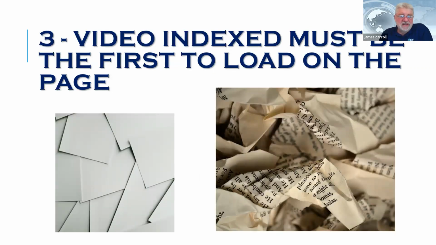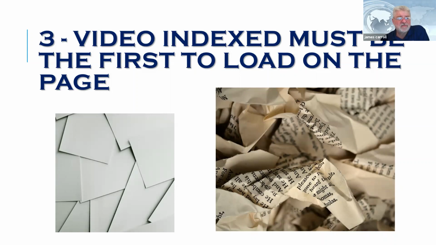Now, this is one that kind of startles people. And it says the video index must be the first to load on the page. So if you have a picture like on the right, and it's really clear that you're loading the page and it's good, clear content, or you're loading the picture on the right and it's pretty clear that it's discombobulated and messy, and Google's going to have to spend a little bit of time and energy to figure out what it's all about.